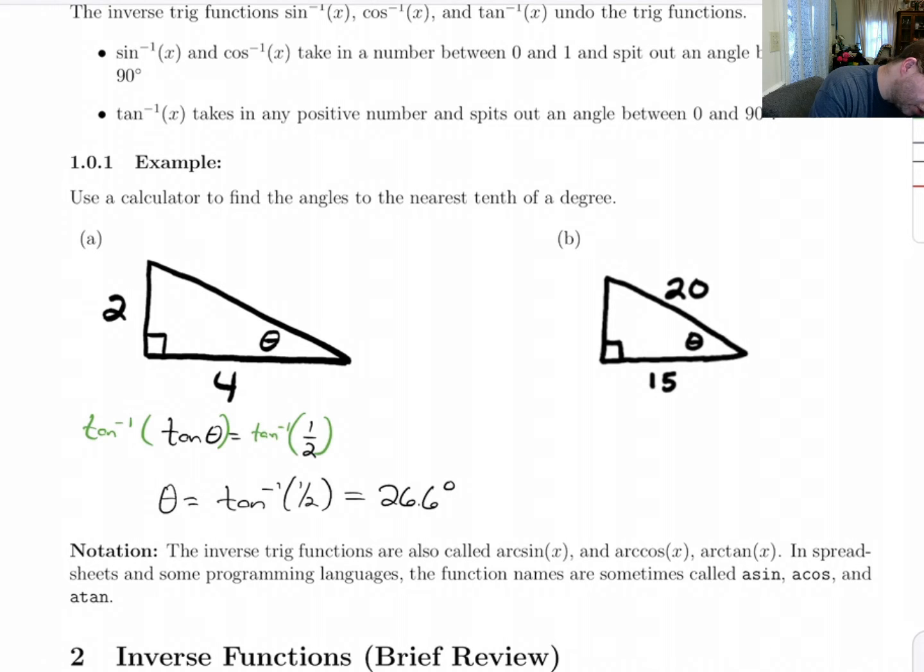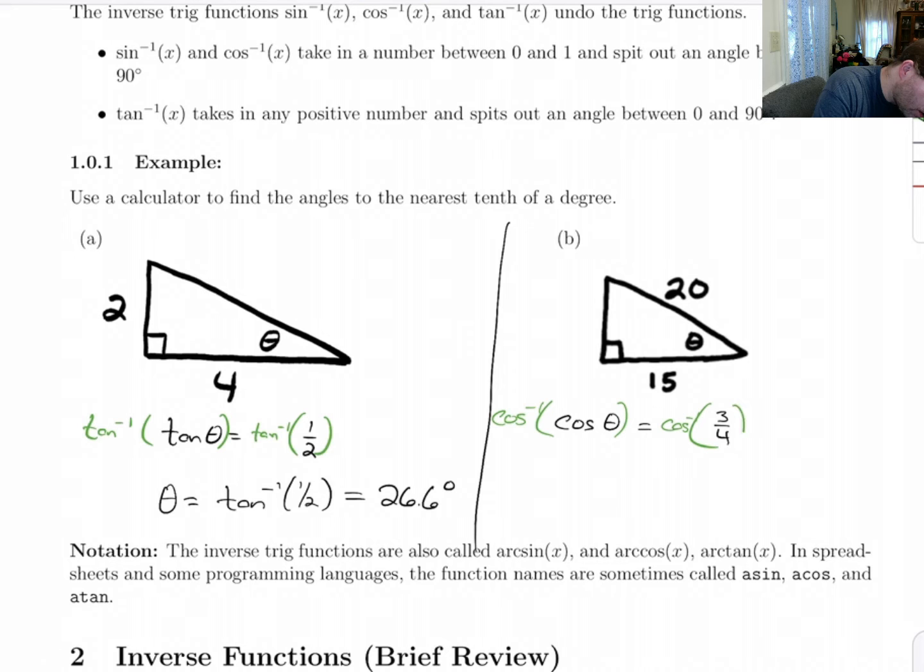And then over here, if you look at this one on part B, relative to theta, we've got the adjacent and the hypotenuse. So cosine of theta is 15 over 20, so that's 3/4. Take the inverse cos of both sides. And so I just get theta is inverse cosine of 3/4.